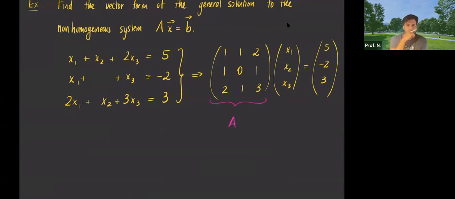Is it invertible? Can you tell something about those rows? Do you see something about these rows here? Sum, right? 2 plus 1 is 3. 1 plus 0 is 1. 1 plus 1 is 2. What does this indicate?